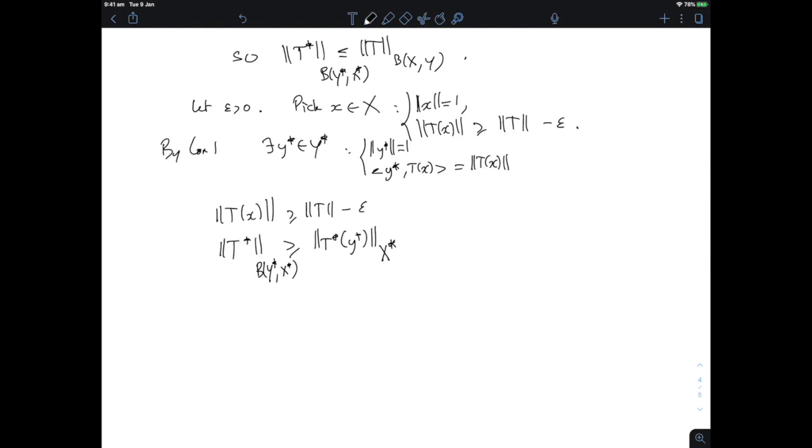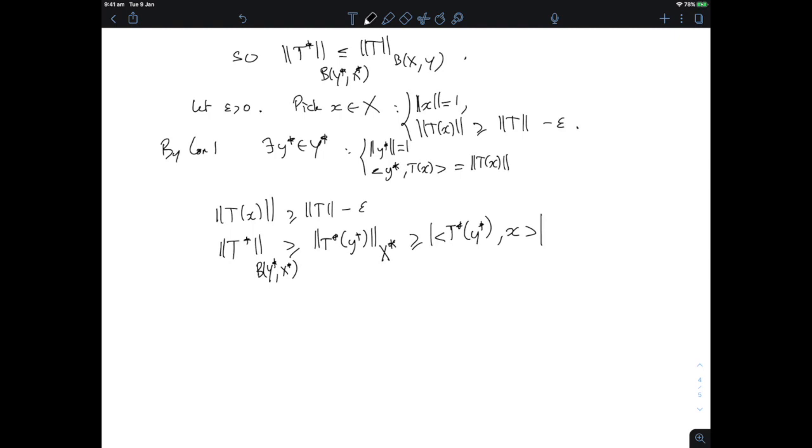And now this here, again, is an element of X star, so it's also defined as a supremum, so it is greater than T star y star applied to anything on the unit sphere, including that x that I've been looking at in this part of the proof. So this is greater than this, or minus this. So this is greater than the absolute value, because minus x will also be an element on the unit sphere.